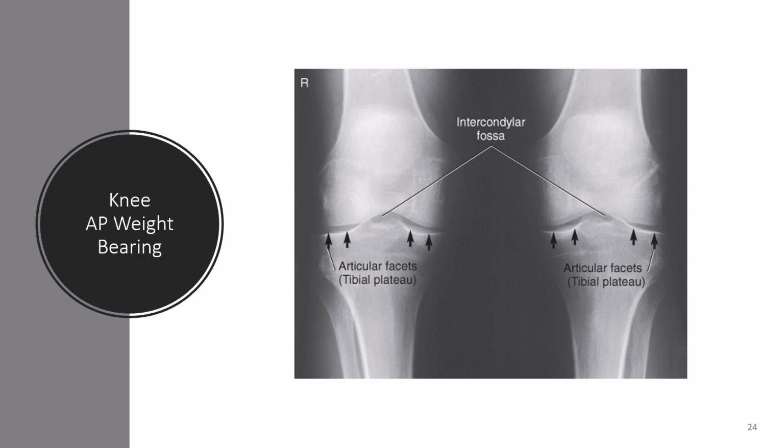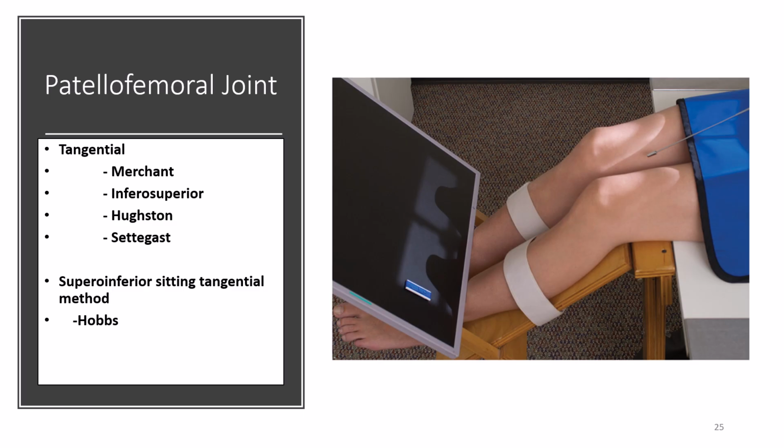Now, the last view in a routine knee is the sunrise view. When we look at the sunrise view or the patellofemoral joint, there are different options to do these. They are tangential views, meaning that they're skimming the part.